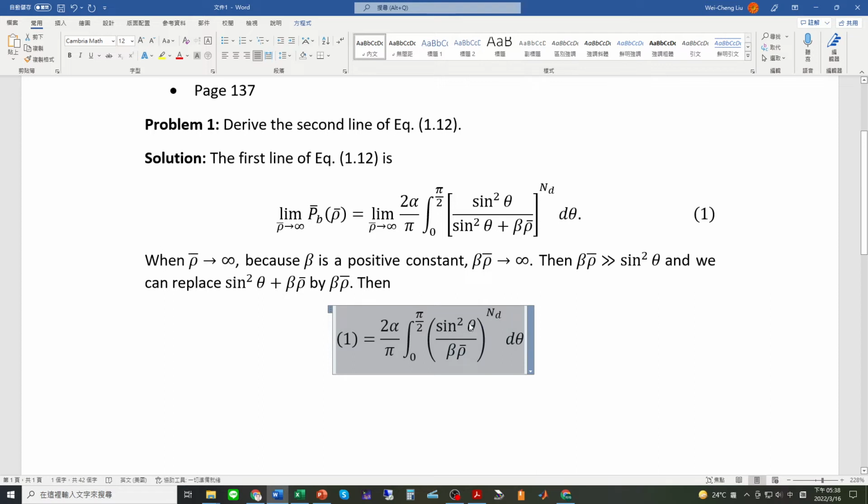Sine squared theta over beta rho bar to the power of nd d theta.